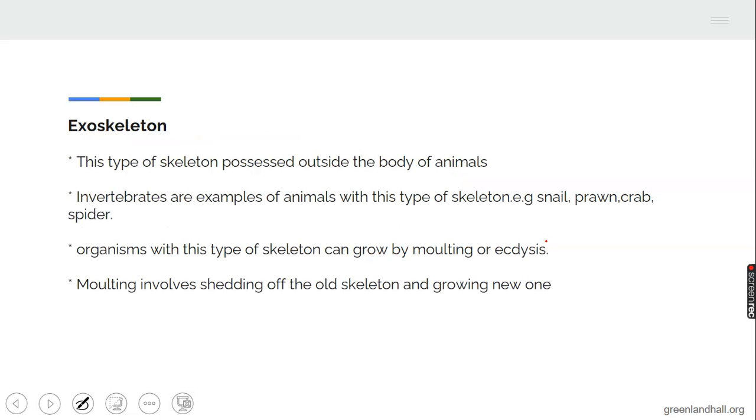Exoskeleton. This type of skeleton is present outside the body of animals. Invertebrates, that is, animals without backbones, have this type of skeleton. A very good example, we have the crab, the prawn, and spider.